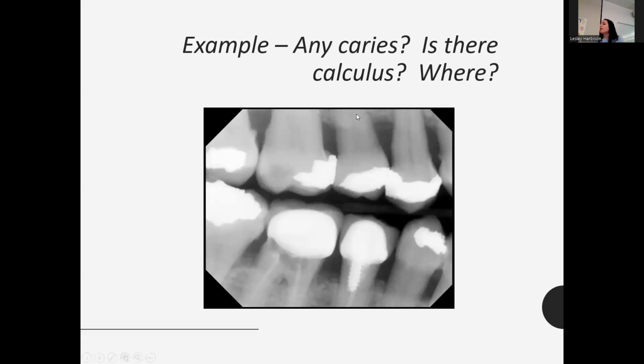And then how about in this one? Do you see any caries on this film? Yeah, big overhang there. You can see calculus up here, calculus over here, calculus over here. And then there's something going on. This actually might be root resorption because look how it looks almost like moth eaten throughout here, and it's had a root canal.